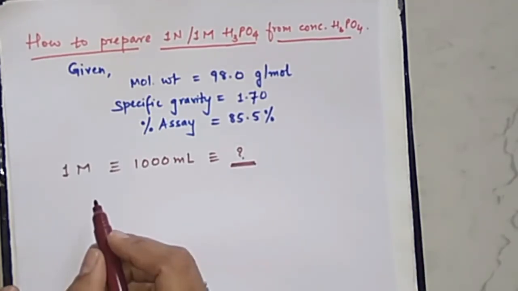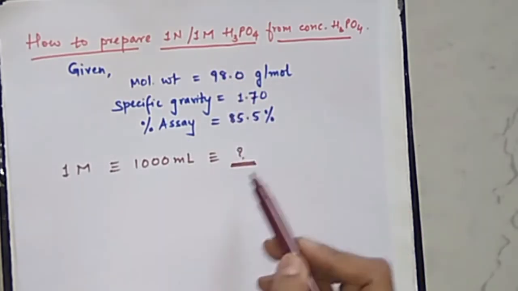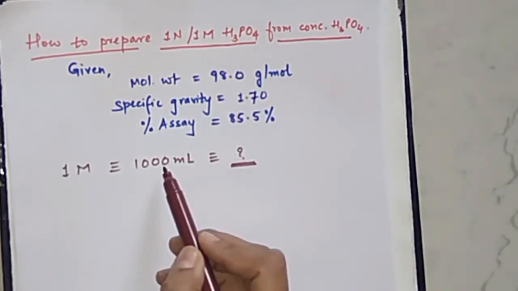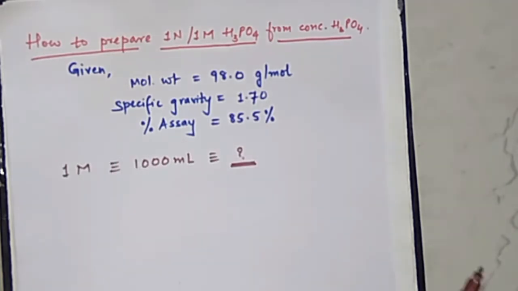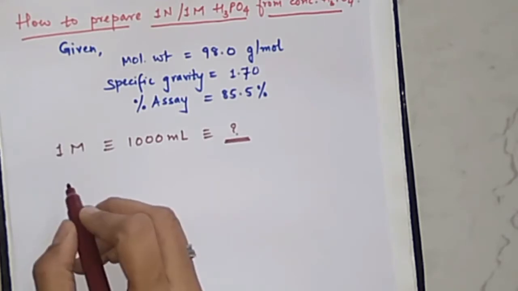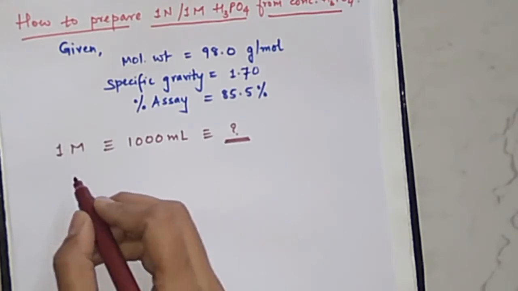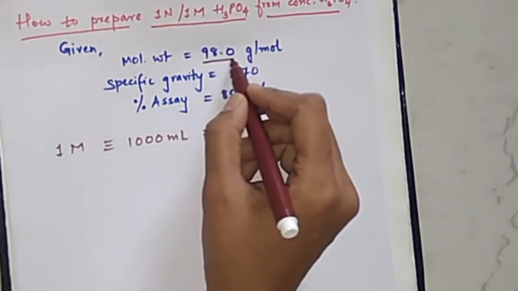Because we have this acid in liquid form, we cannot directly take 98 grams and dissolve it to get 1 liter of 1 molar solution. So we will first determine this factor from the information written, converting the grams into volume.